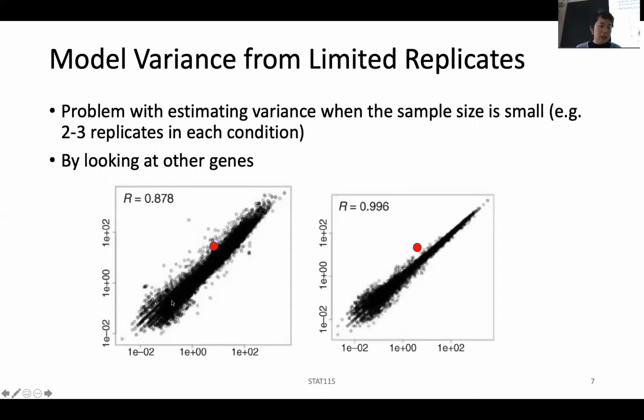So we use this example to demonstrate. In this case, we don't even have 2 replicates. It's a single replicate. Supposedly you have condition 1 with only 1 replicate, and condition 2 with only 1 replicate. You just look at, say, normalized read counts. In one experiment, you might get data like this.